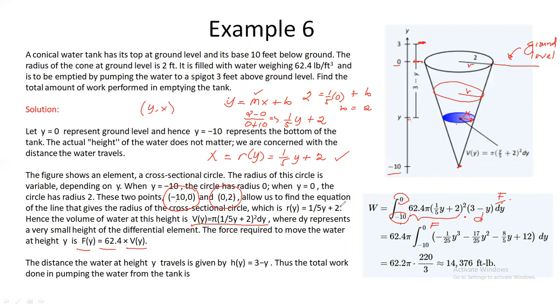So the radius changes based on the height of the water inside the tank. So that particular relationship between radius, which is x, as a function of y is this. Radius as a function of y. The rest is just, of course, substitution to the formula for the work.